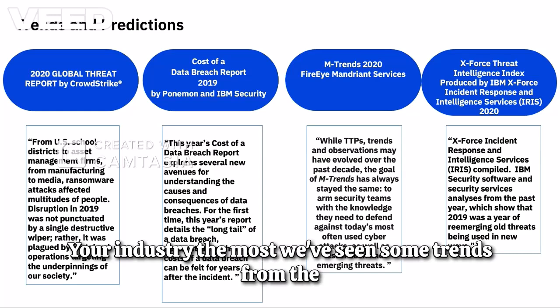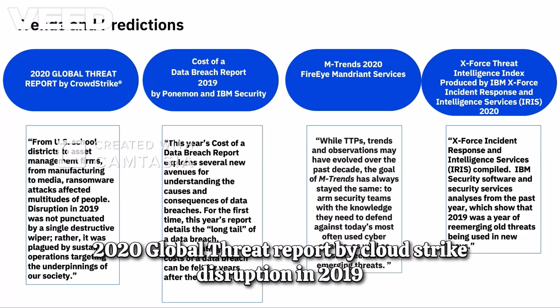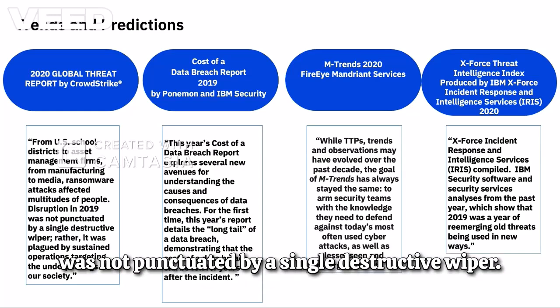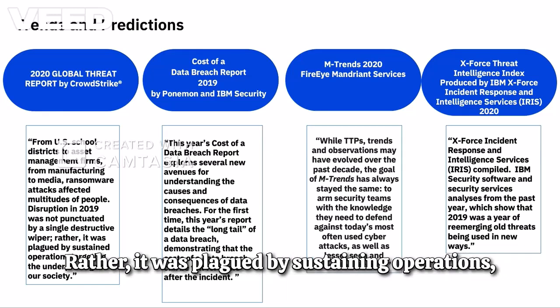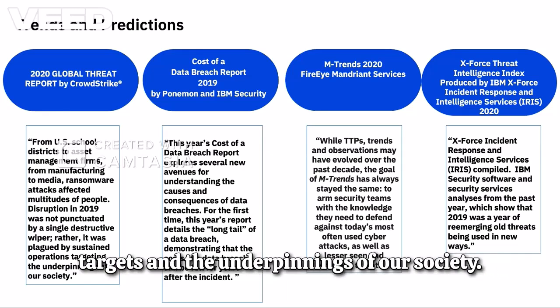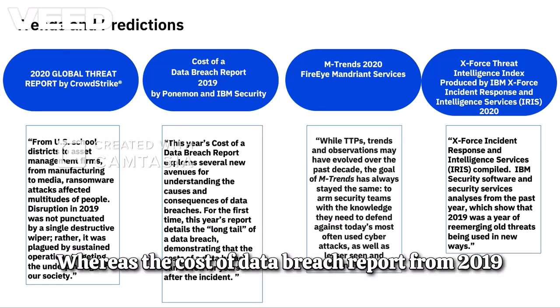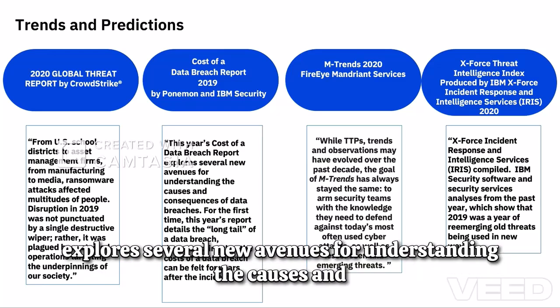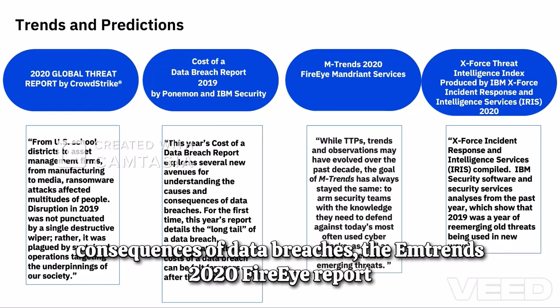We've seen some trends from the 2020 Global Threat Report by CrowdStrike. Disruption in 2019 was not punctuated by a single destructive wiper, rather it was plagued by sustaining operations targets and the underpinnings of our society. Whereas the Cost of Data Breach report from 2019 explores several new avenues for understanding the causes and consequences of data breaches.